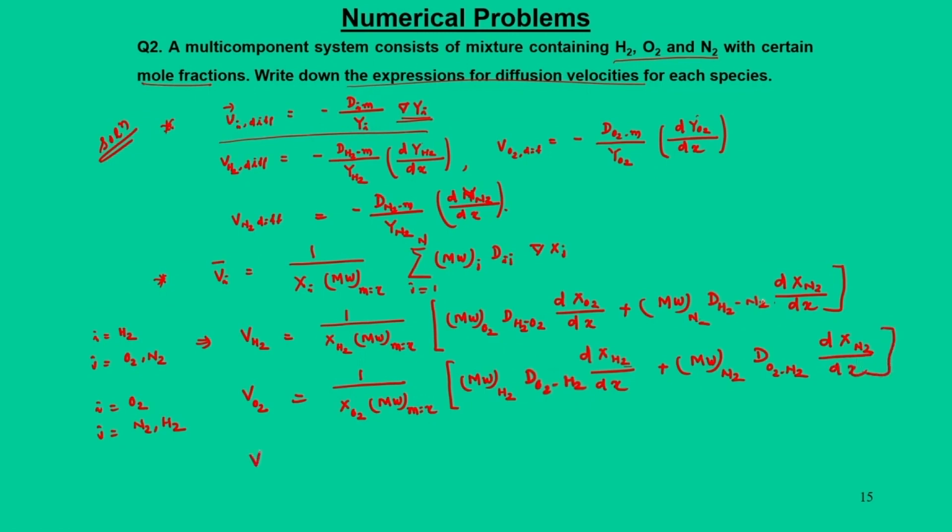Similarly, we can write V of N2. It is 1 by X_N2 times the molecular weight of the mixture, entire bracket.